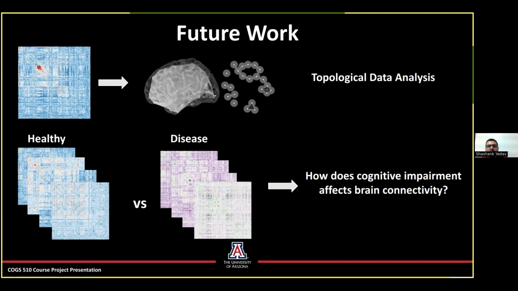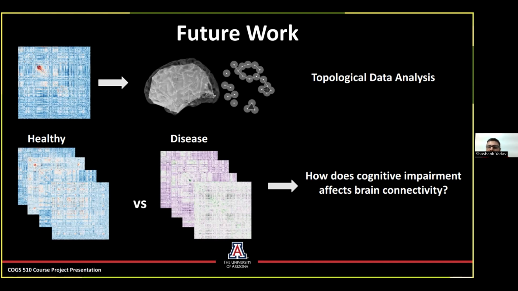And what else can we do after this? With the connectivity matrix, we can do topological data analysis. Right now we just talked about one patient, in the Stanford data set we had one sample, but let's say you want to do something more. You can gather some healthy and diseased patients, do DTI imaging on them, extract the network connectivity, and try to answer questions, for example in Alzheimer's or some other disease, how does cognitive impairment affect brain connectivity?